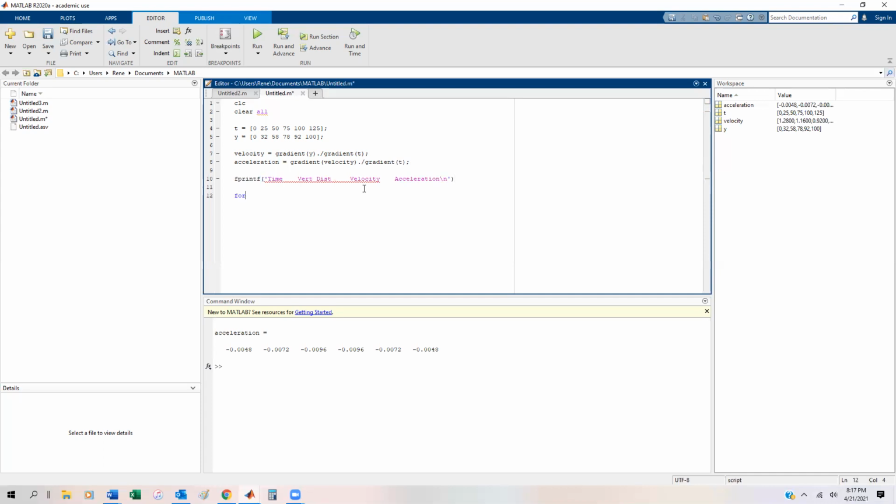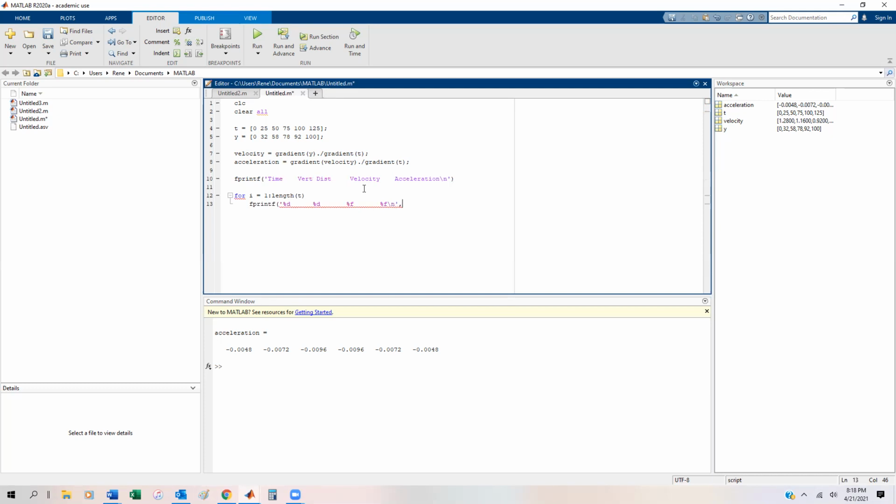So we say for i equals 1 to the length of any of the vectors. It doesn't matter, I'm just going to use t. We are going to fprintf and print out the time, which is an integer, so I'm just going to say %d. The vertical distance is also an integer, and then the velocity is probably going to be floating, and the acceleration is floating as well.